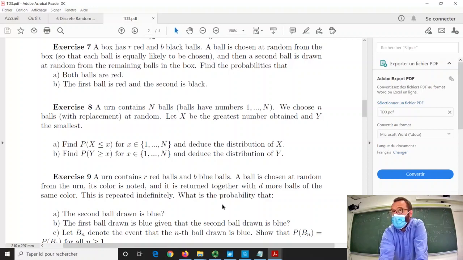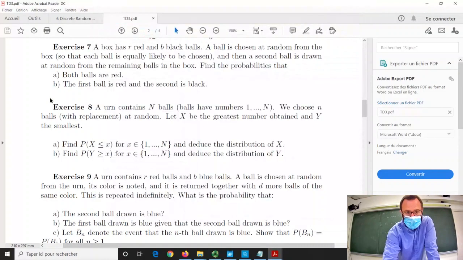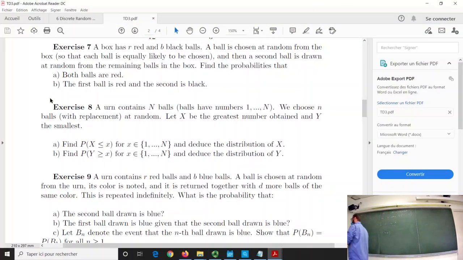Well, try to do the same for the minimum by yourself. Now I am interested in the minimum. Concerning the minimum, once again I want to compute the distribution, that is the probability that Y is equal to small x, but to do this I have an intermediate step, that is to compute the probability that the minimum is greater than x, because Y greater than x can be written easily as: they are all greater than x.